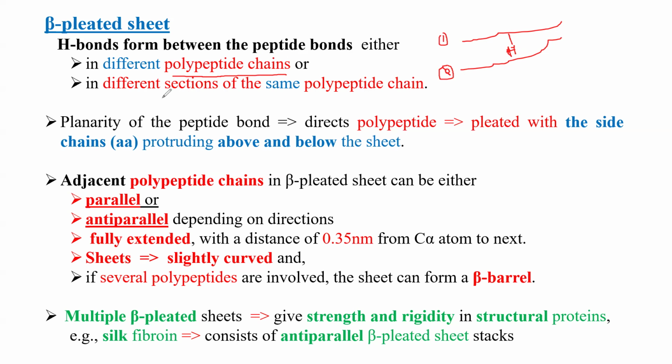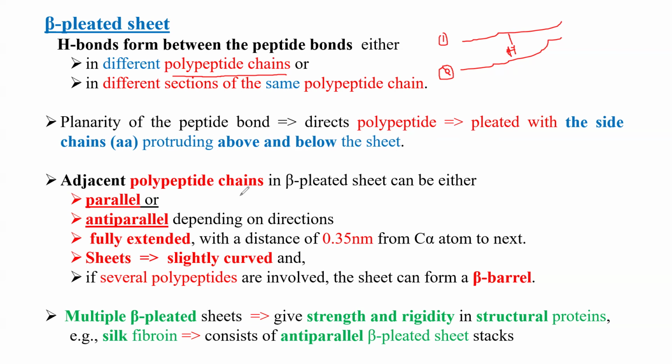The sheet is planar because of the planarity of the peptide bonds, with the side chain amino acids protruding above and below the sheet.